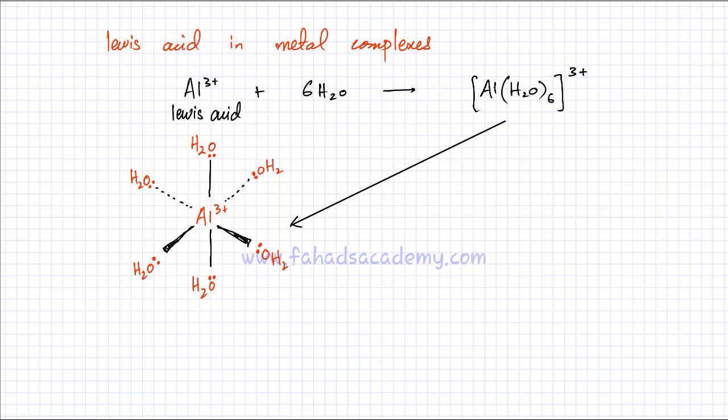So in this reaction, aluminium ion was called our Lewis acid because it was accepting lone pairs. But who's the molecule that is donating those lone pairs? That's your water molecule over here. All these water molecules, they would be your Lewis bases because they are the ones that are donating lone pairs of electrons.